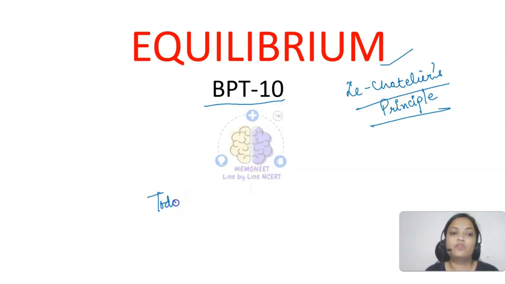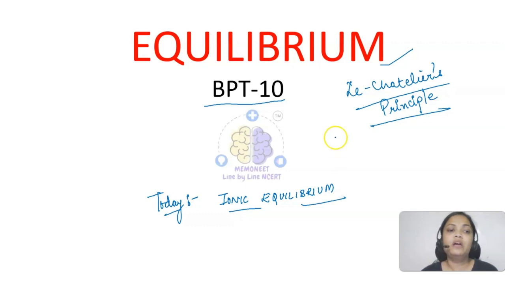Now today we will be learning about ionic equilibrium. Till now we were discussing chemical equilibrium. Today's session is totally dedicated to ionic equilibrium, where we'll be studying acids, bases and salts, then the strength of acids, then the pH scale and how to find the pH.